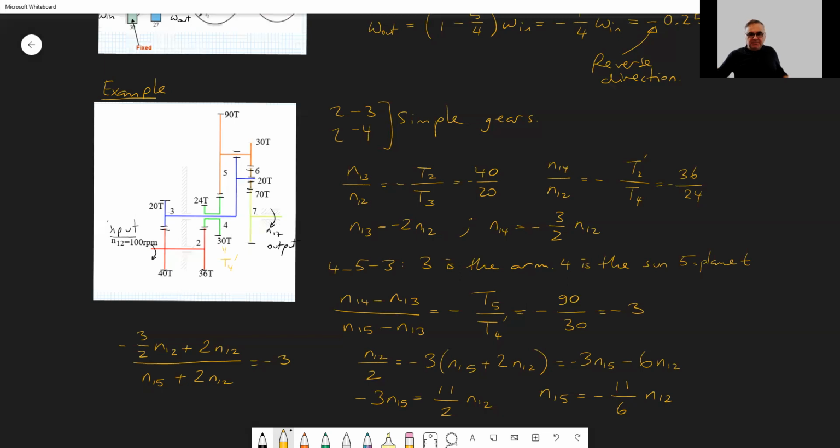So n15 is found, as you see. It is the speed of the fifth gear.